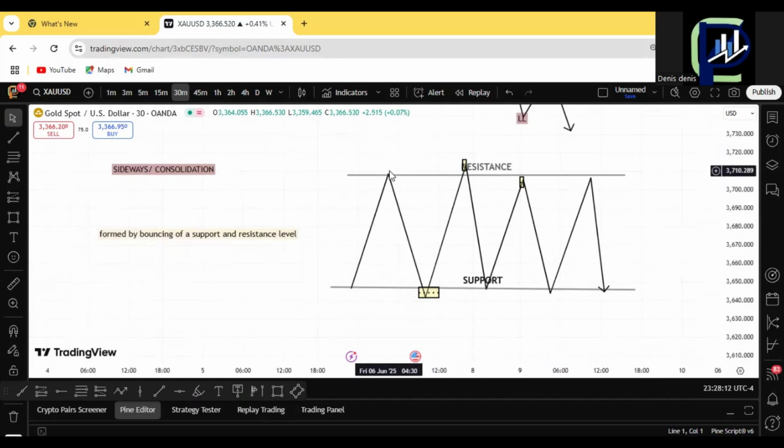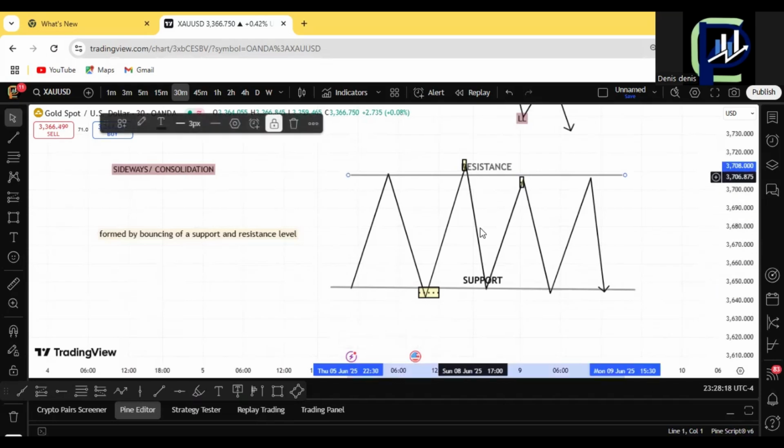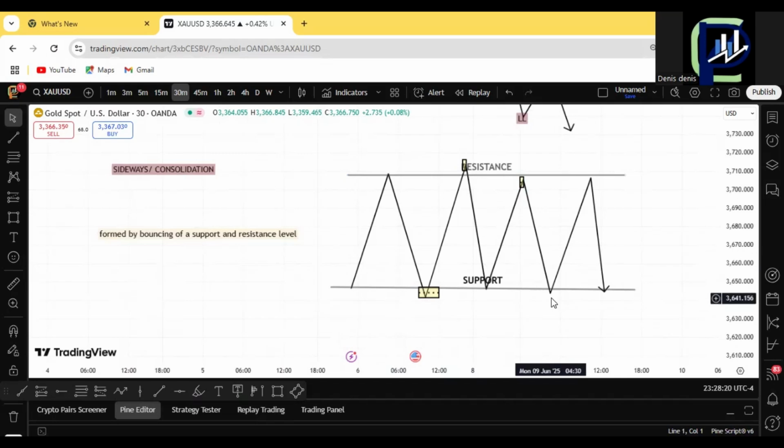No. Sometimes it goes above slightly, sometimes it goes below slightly, sometimes it doesn't reach where the resistance is, sometimes it goes below the support, but as long as the market is moving in that same line, in the same position for some time, we call it a consolidation or a sideways market structure. I hope everybody understands that.